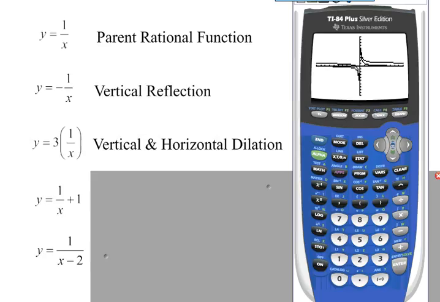Remember with that parent function, we had a horizontal asymptote at y equals 0 and a vertical asymptote at x equals 0. Well, the vertical asymptote, it's still there, right? If I draw that dotted line in there, none of those curves, whether it's the parent function or the new function, touch that vertical line.